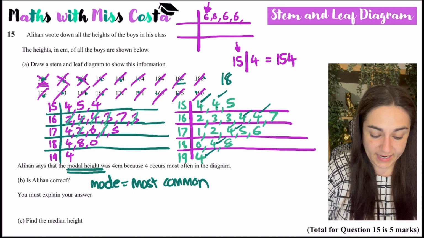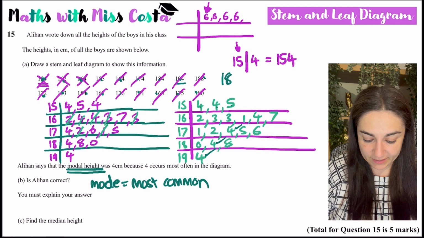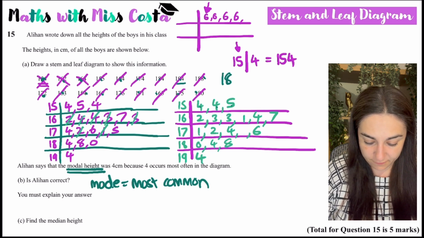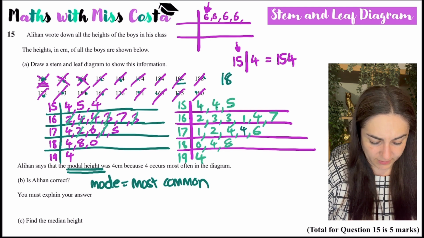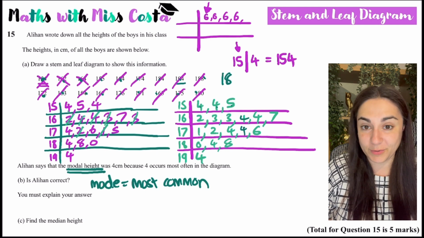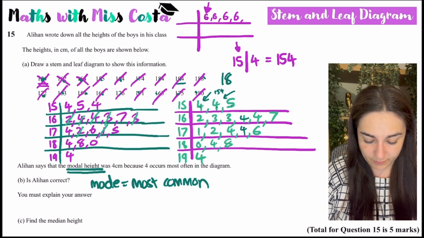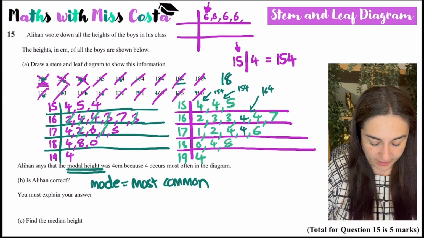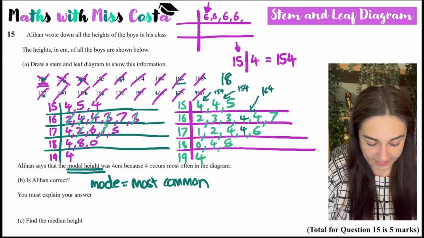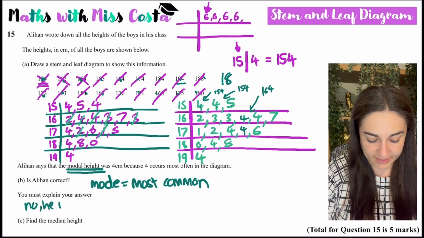However, that forgets about the fact that this is a stem and leaf diagram. So these aren't just representing 4s. This represents 154. This represents 154. This represents 164. So I would say no, he is incorrect.